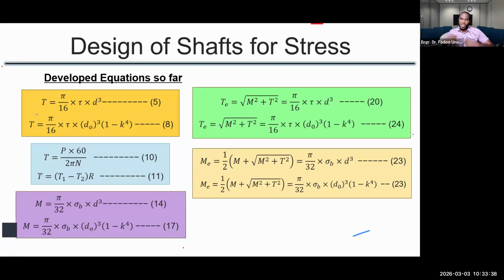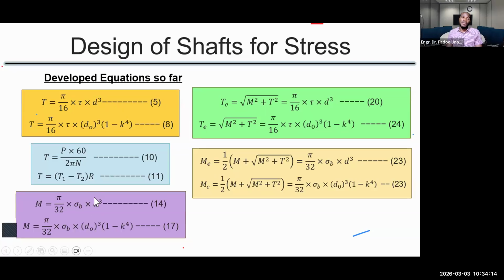It's just stationary, but it is carrying elements that are themselves spinning or maybe just sitting. And we said that you can find the diameter of that shaft through this equation if it's a solid shaft: the maximum bending moment developed in that shaft should equal pi over 32 times the maximum allowable normal stress according to the material of that shaft times the diameter of that shaft raised to power 3.